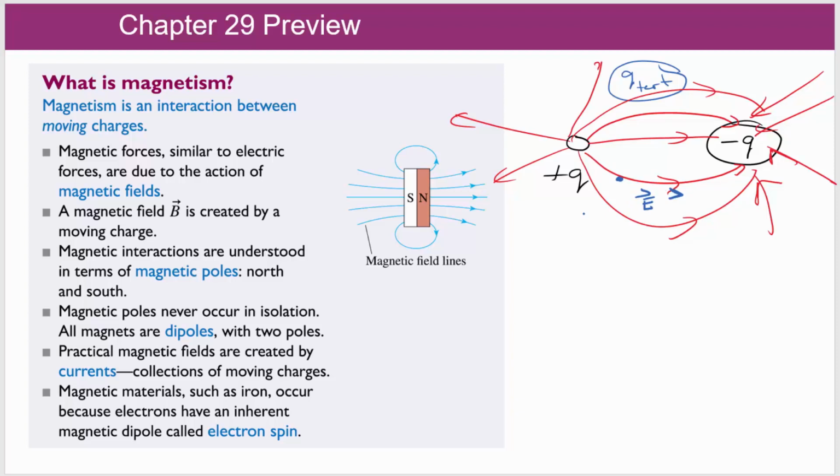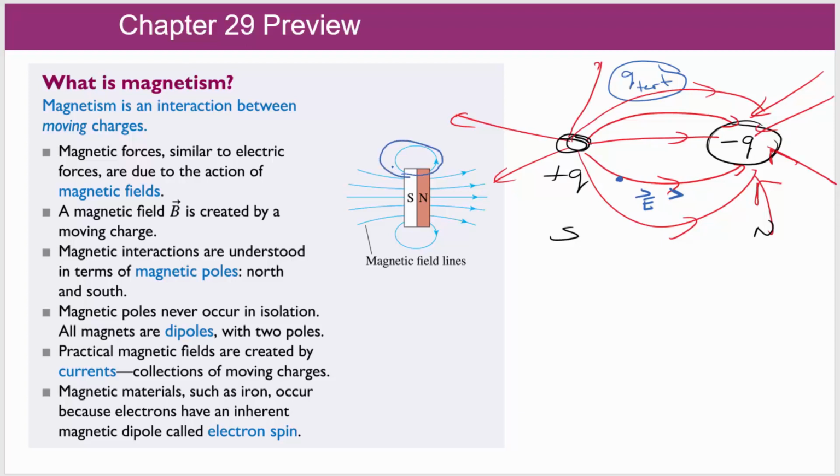The magnetic field, since there is no single south pole and no single north pole, we don't have a magnetic field line starting at a point and ending at a point. We will always have closed magnetic field loops.